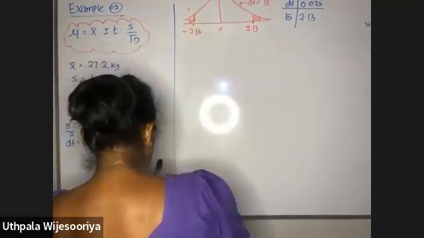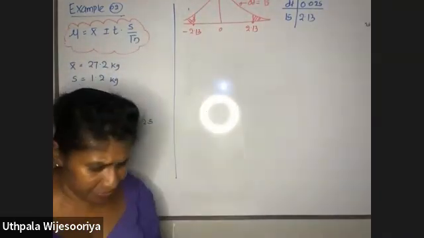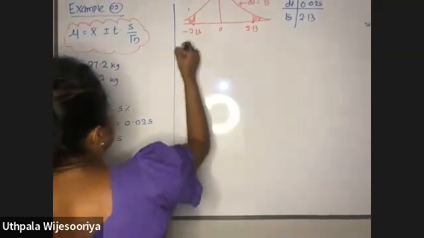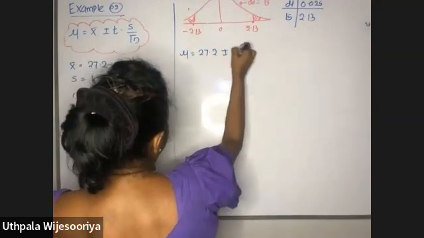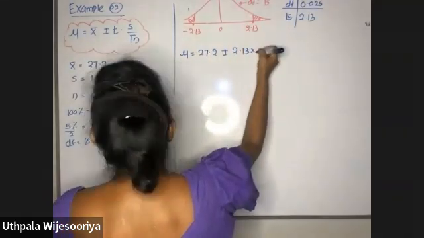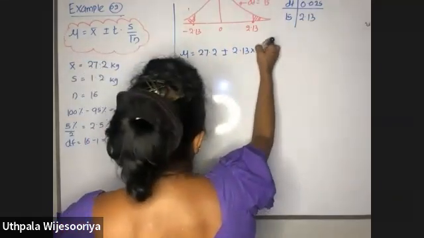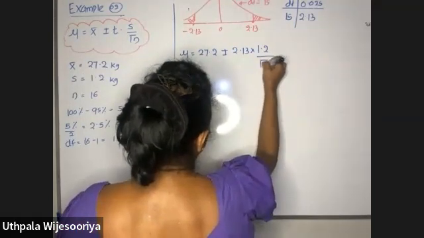Right, now we have to make your interval. Mu is equal to 27.2 plus or minus 2.13 into S, 1.2 over square root 16.